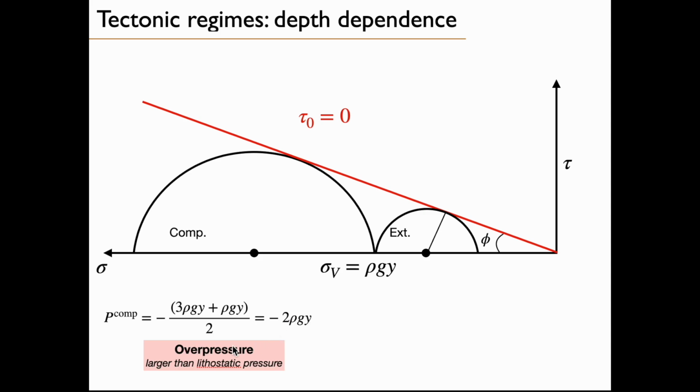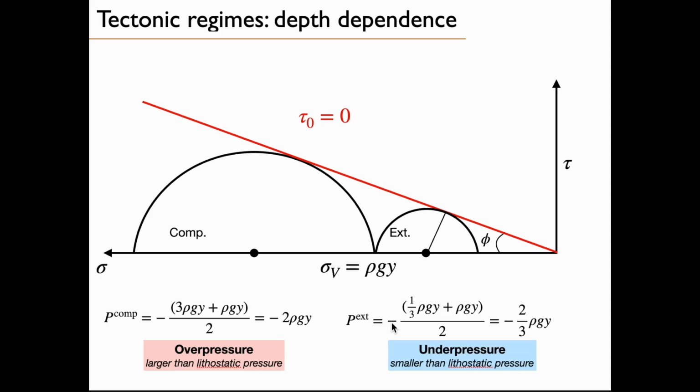This is what is called typically an overpressure, because the pressure here in compression would be 2 times larger than the lithostatic pressure. So this could have important effect on any pressure-dependent processes that takes place inside the Earth.